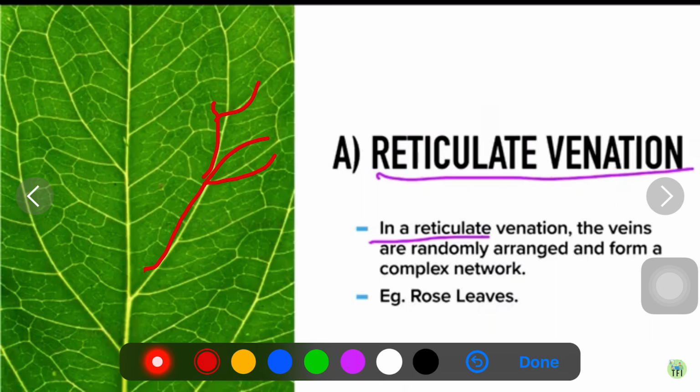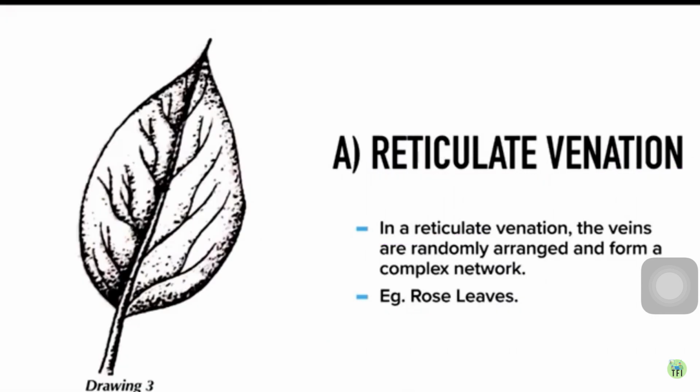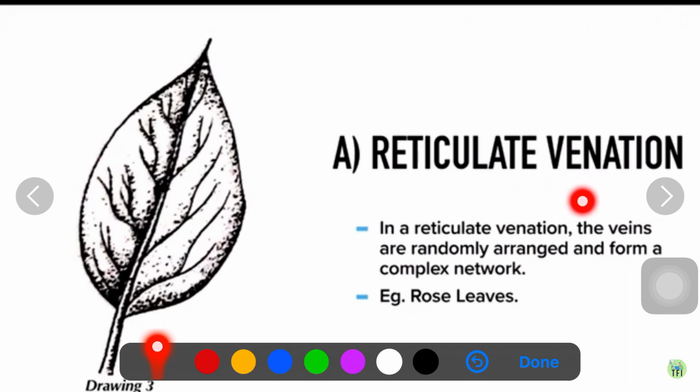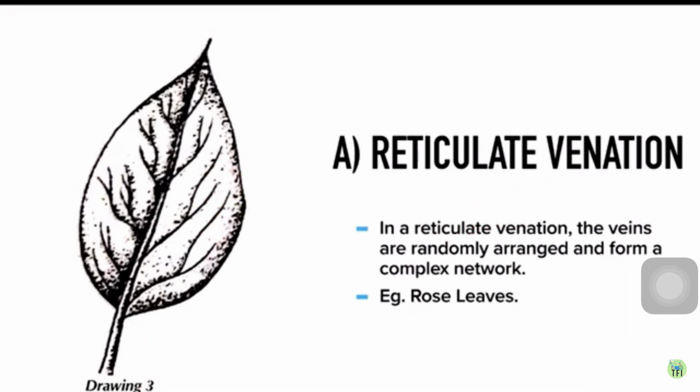They form a very complex network. As you can see, there is no regular arrangement of veins. For example, rose leaves. Students, now I want you to draw this reticulate venation diagram in your notebook.